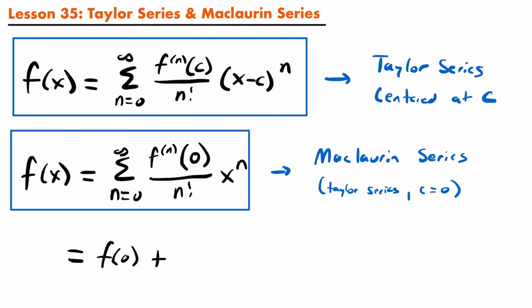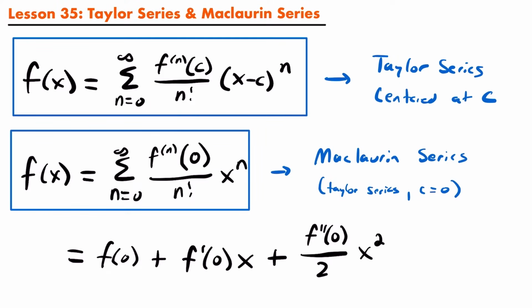So I'll rewrite this to be f prime of 0 times x, and then the next term when n equals 2, we'll have the second derivative of 0, so f double prime of 0 divided by 2 factorial, but 2 factorial is just 2. 1 times 2 is 2, and that will be multiplied by x squared, and then we could add more terms from there. All right, and so that's what the first couple terms of a Maclaurin series would look like, which of course is just a Taylor series where c is equal to 0.